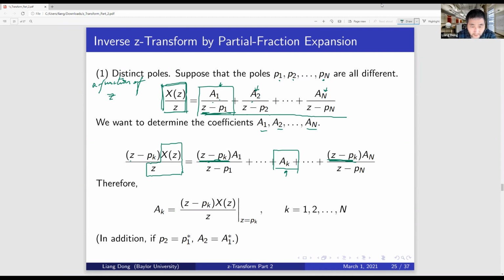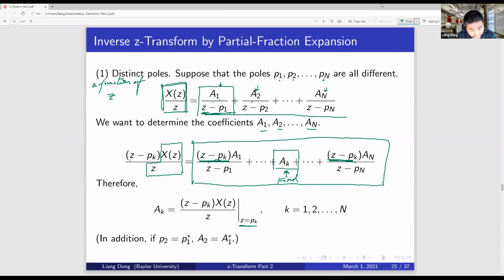So in this case, I focus on that. I want to find a sub k. How to find that? Now the entire thing is a function of z, and z can be any complex variable. I evaluate this function exactly at z equal to p sub k.